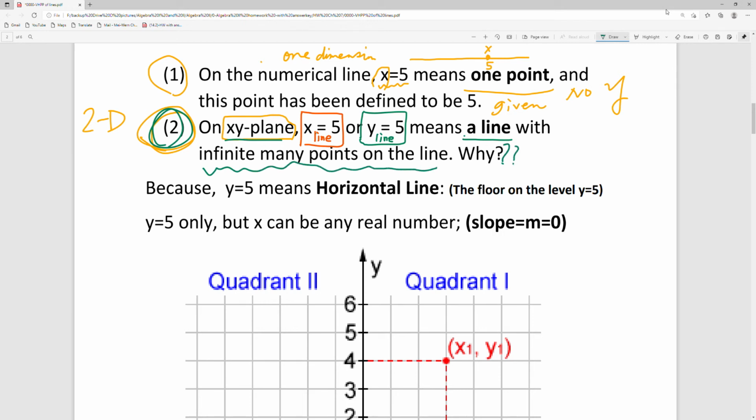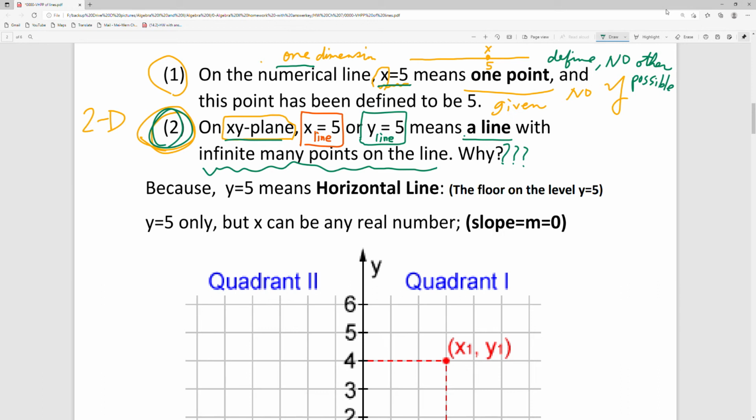Why? So on the xy plane, go back to one dimension. When they say x equals 5, they define x needs to be 5, no other choice, no other possibility.